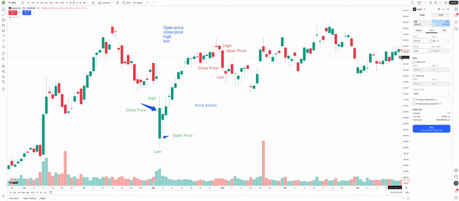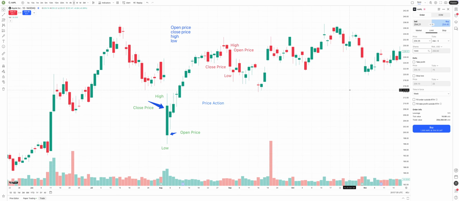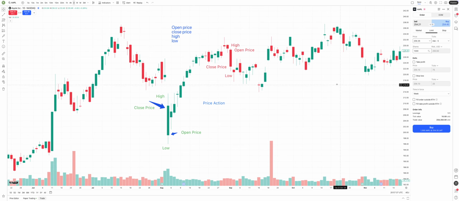So this red candlestick here shows that the current price closed at $228.52. Okay, so far what we've done is identify that we can read candlesticks, we can read price action, and we can see current price, which is, I think, about 50% of the battle when you're trying to get into trading.